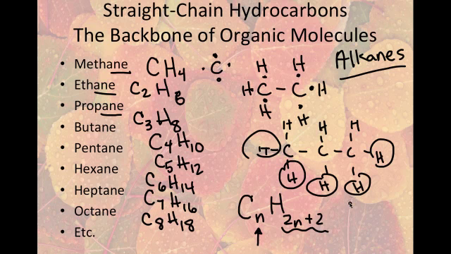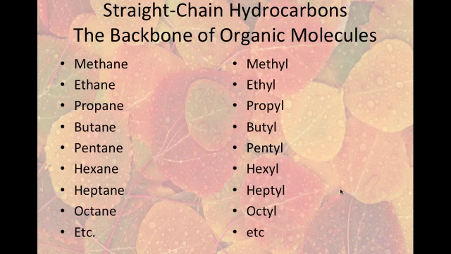Now we use these as the backbone of our organic molecules, but we also use them as groups to attach to other hydrocarbons. When we do, we change the ending of their name to YL. As if it was an adverb, we'd call it LY, like if you were going to be quick about something, we would call it quickly.